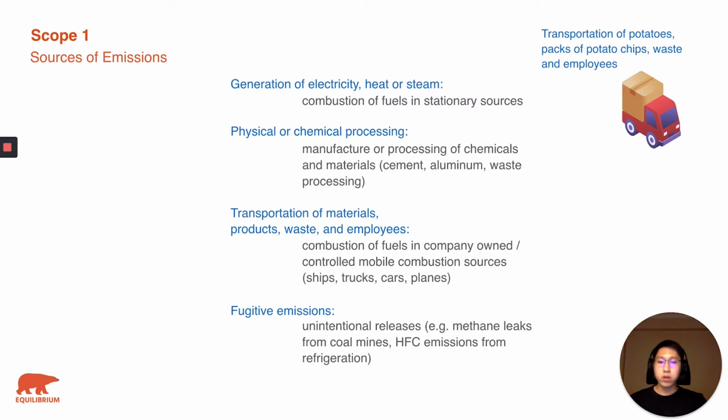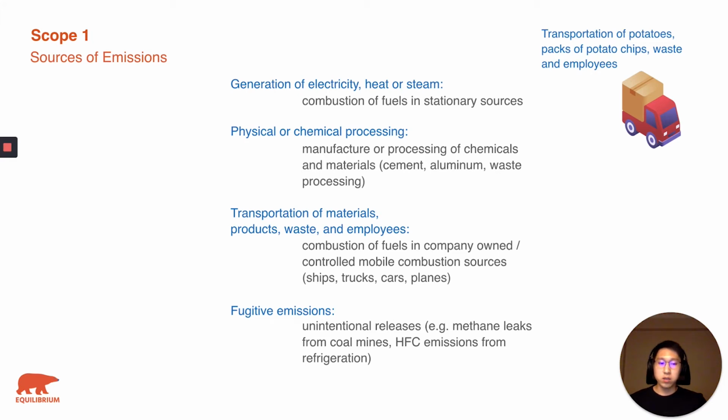Next, I want to elaborate more on what each scope entails and which activities they include. In general, there are 4 main sources of emissions which contribute to Scope 1 emissions. These are the generation of electricity, heat, or steam from stationary sources, physical or chemical processing, transport of materials, products, waste, and employees, and fugitive emissions.